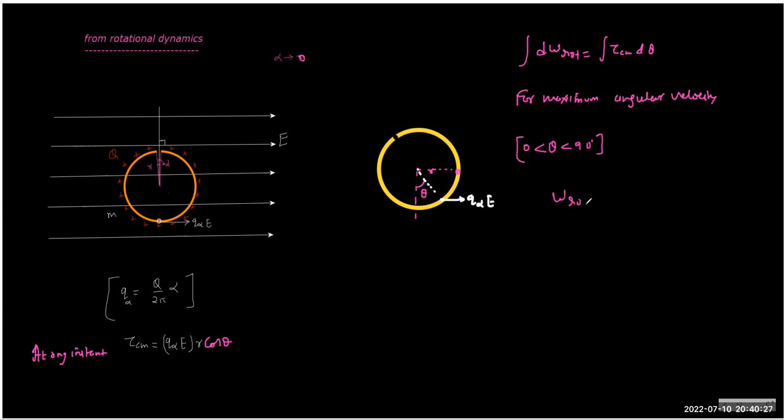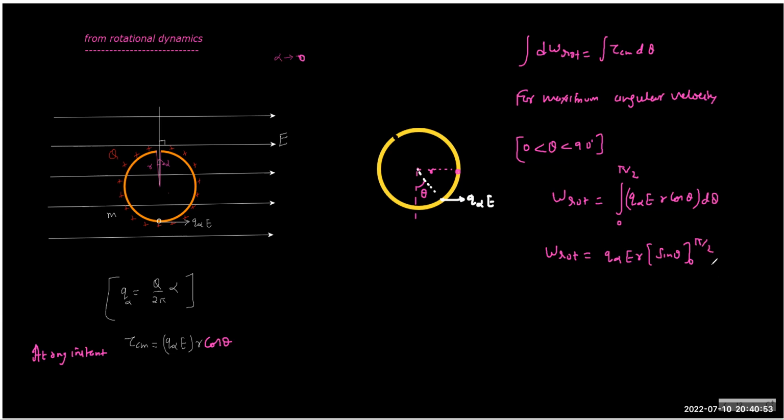So the rotational work done we can calculate from 0 to pi by 2, and this turns out to be how much? Q alpha E R, everything is constant. What is the integration of cos theta? It's sin theta.